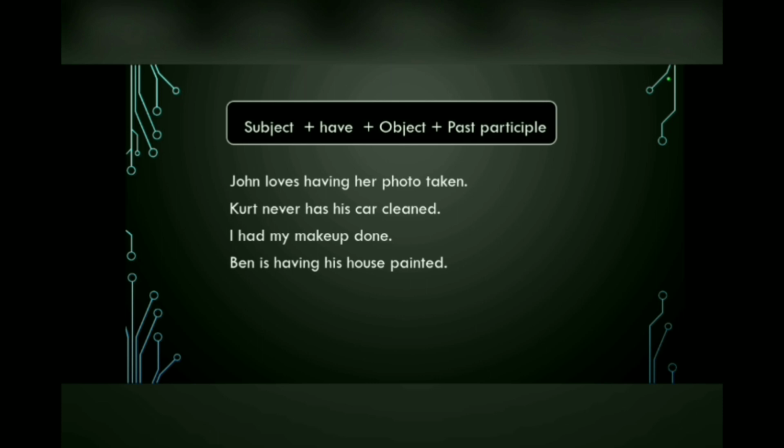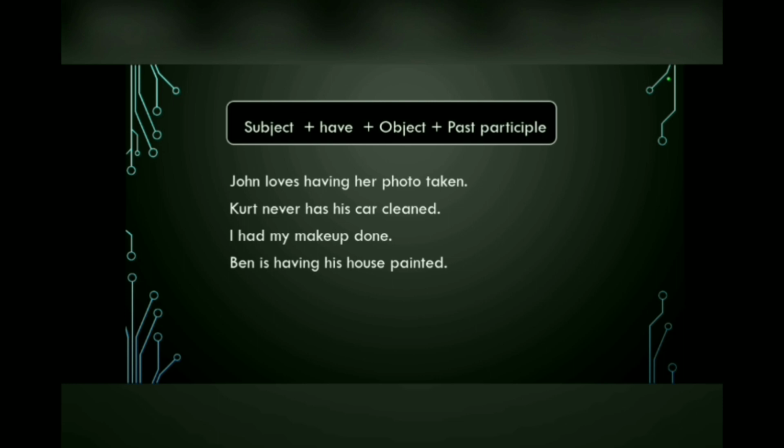John isn't taking the photos herself, someone else is performing that service for John. Another, Kurt never has his car cleaned. Don't judge Kurt, students. Maybe he cleans it himself.